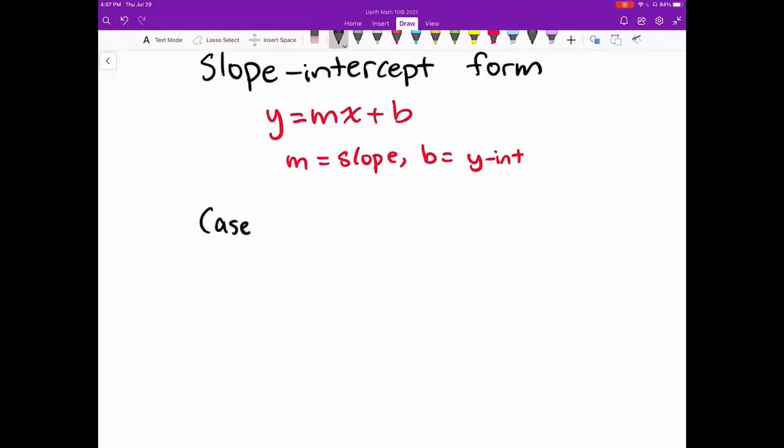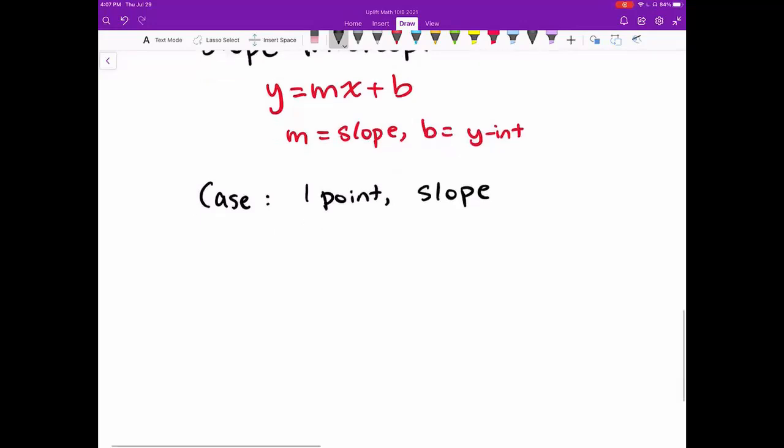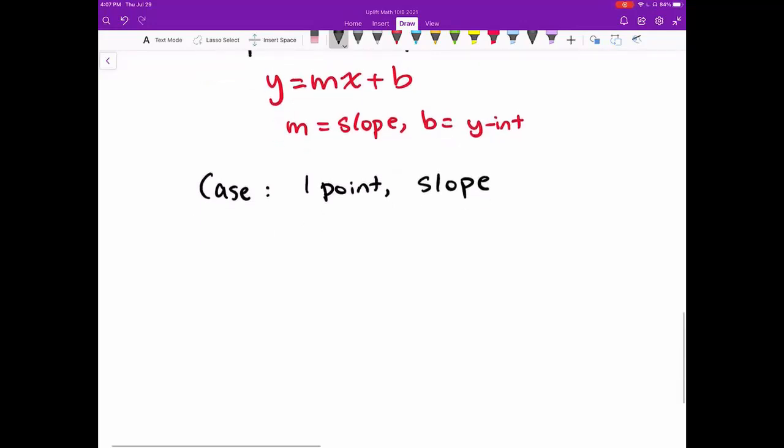Case 1: you want to find the equation of a line when you're given exactly 1 point and a slope. In this case, you would use the formula y minus y1 is equal to m times x minus x1.